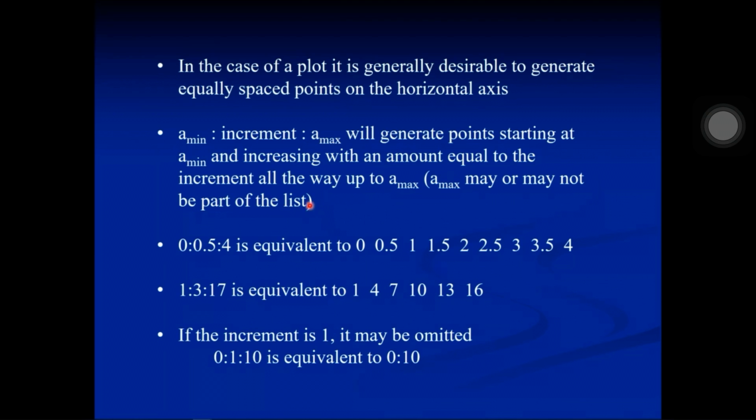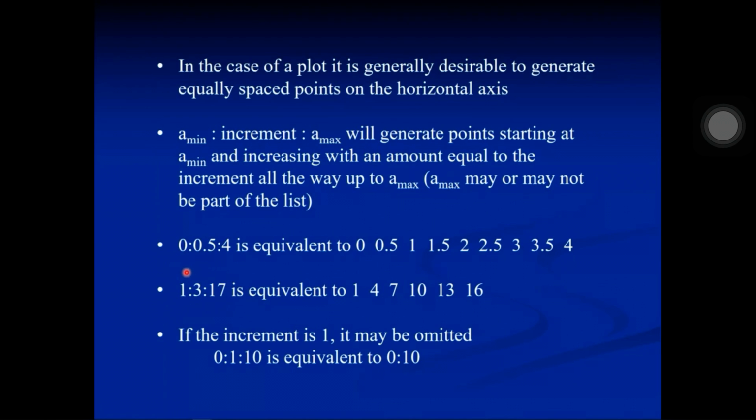But what it means is that you just take the first value, a min, and add to it the increment, like in this case, add 0.5. If I add 0.5, that becomes 0.5. If I add 0.5 to this one, it becomes 1. If I add 0.5, it becomes 1.5. So you just add the increment until you reach the last value, and that's where you stop. So this is generated by this single instruction.